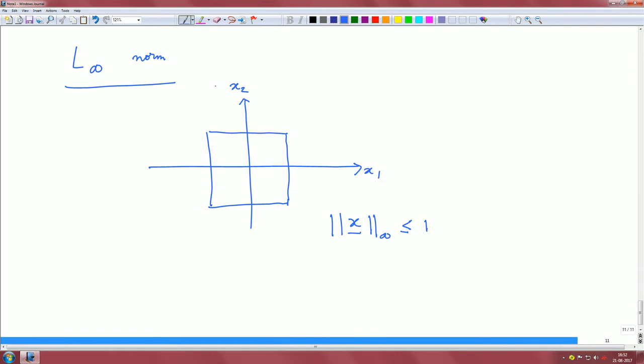You can't go above this wall here or go beyond this wall here, and so on, right. Everything is inside this. Clear?